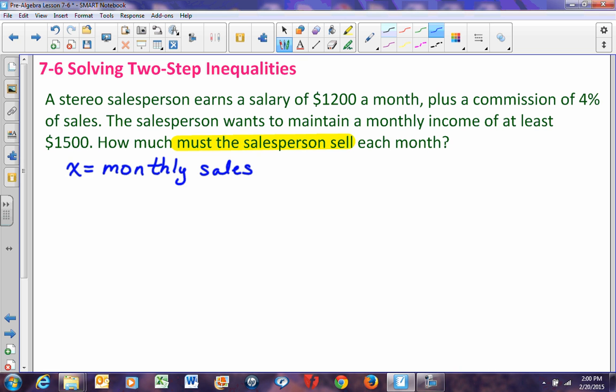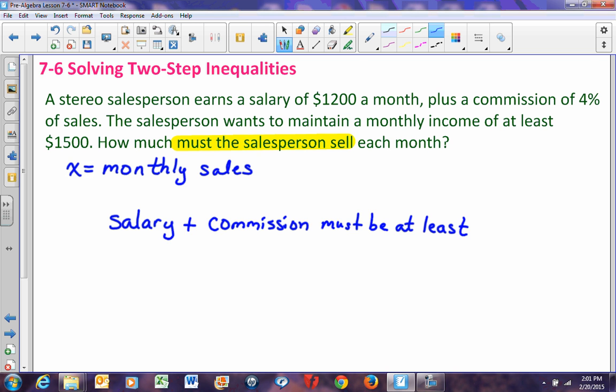Now the salary plus the commission must be at least $1,500. So that's what I'm trying to figure out.